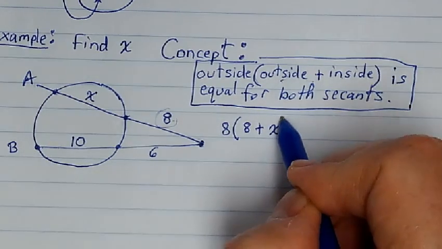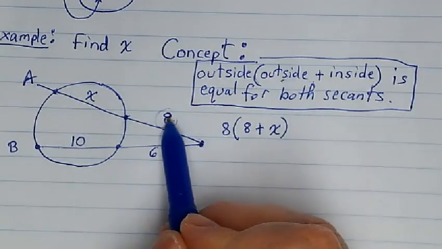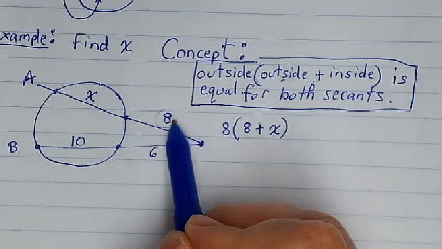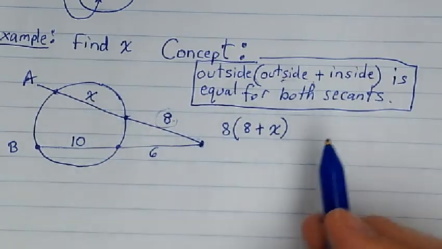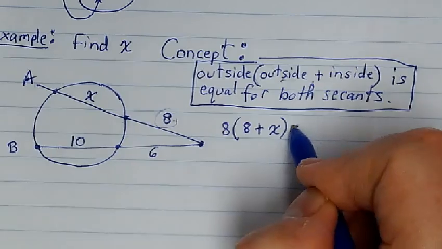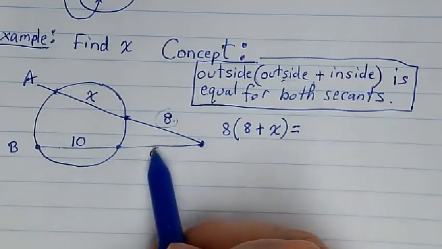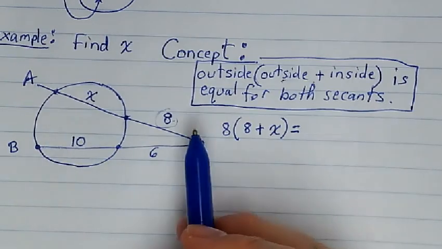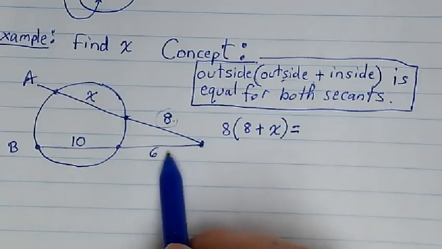But I got news for you. If you multiply the outside value by the sum of the outside with the inside, it's going to be equal to if you did the same thing with the other secant. Like on the other secant line, what is the outside value? Which one of those is the outside length?